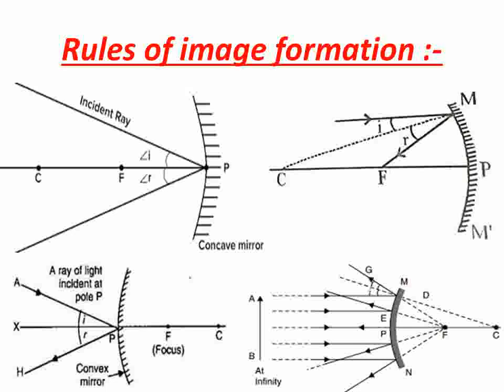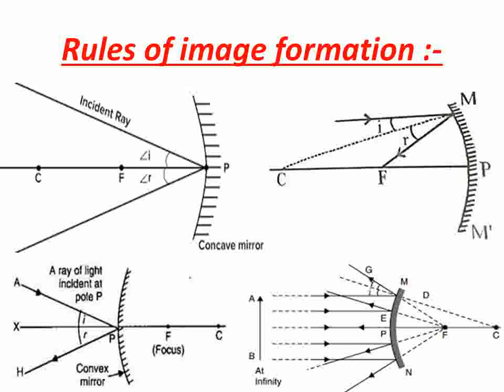Therefore, according to the laws of reflection, I is equal to R. The ray reflected at the point M on the mirror makes angle R and passes through a point on the principal axis that is known as focus F.